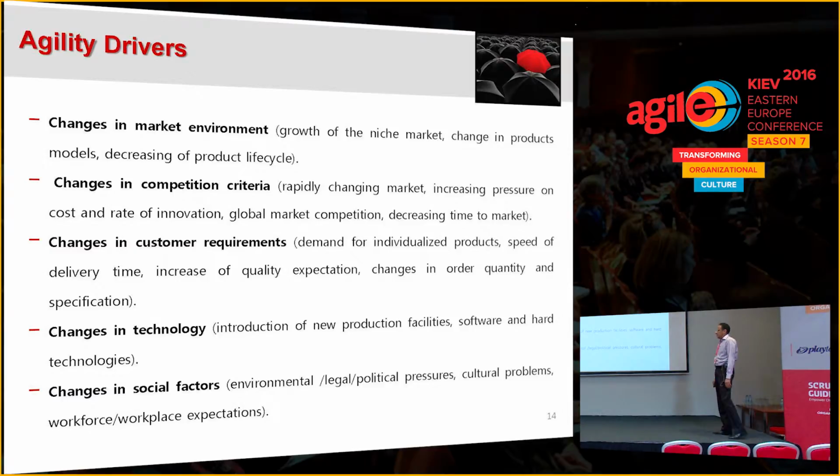And even changes in social factors. If the country decides to change the regulation or the law, how does that affect the company? So companies have to see all these changes in the environment and measure how strongly these changes can affect their production.